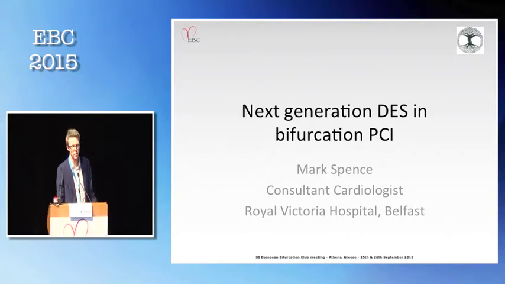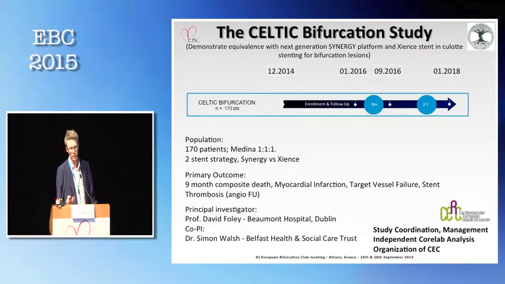We're participants in the trial. So this is really looking at the CELTIC bifurcation study, which is currently recruiting, using the Synergy stent versus the Xience stent in Medina 111 classification, non-left main bifurcation lesions, using a Culotte technique. Now this started recruiting at the very end of last year and is planned to be finished by hopefully the middle of next year.